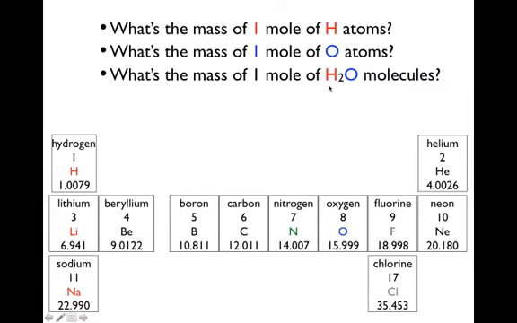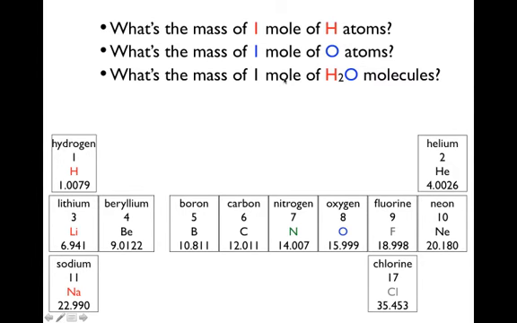So the way to address this is, if you have 1 mole of water molecules, actually the first thing I want to point out is that everything that we've talked about so far with respect to moles has dealt with atoms, more or less. I've basically said you could have 1 mole of hydrogen atoms, and that's 6.02 times 10 to the 23 hydrogen atoms. But you can have 1 mole of anything.